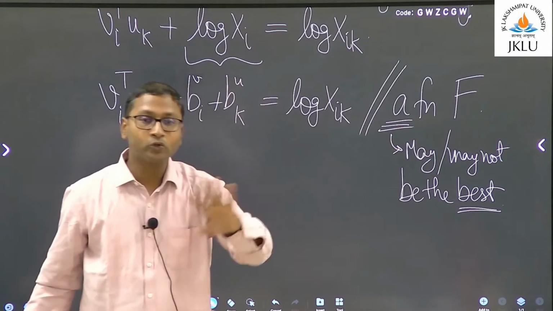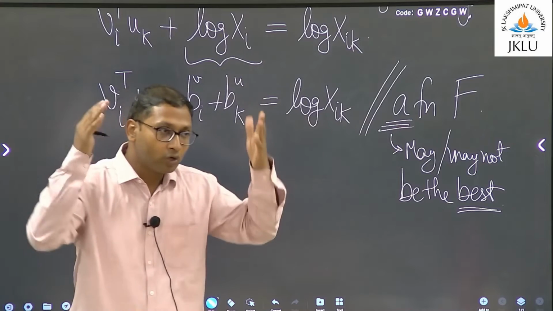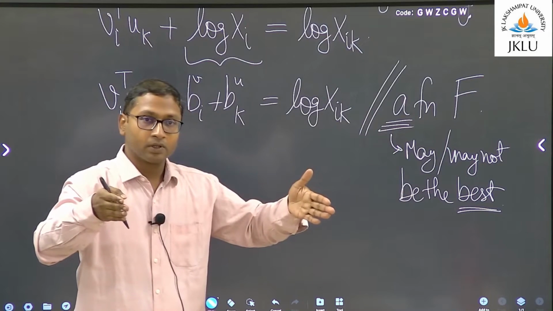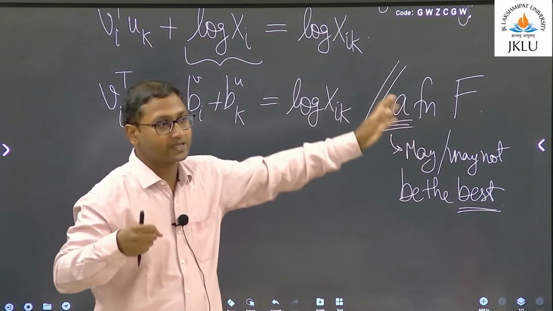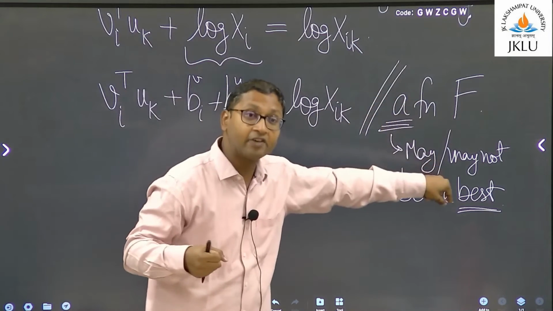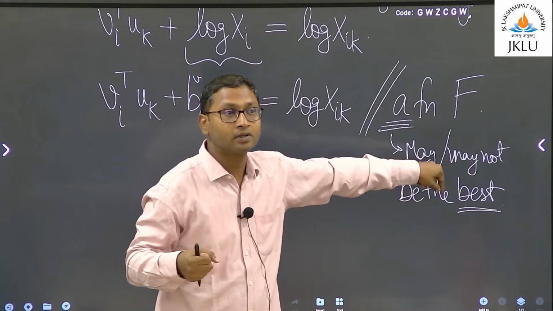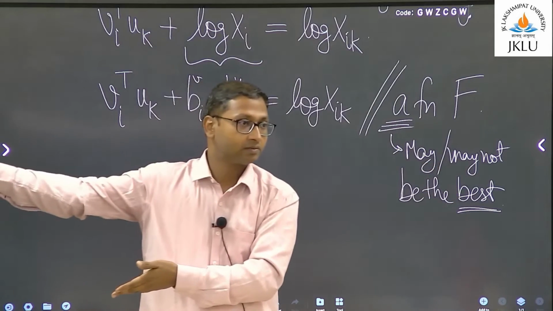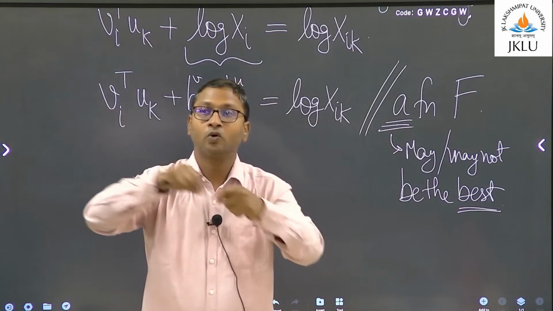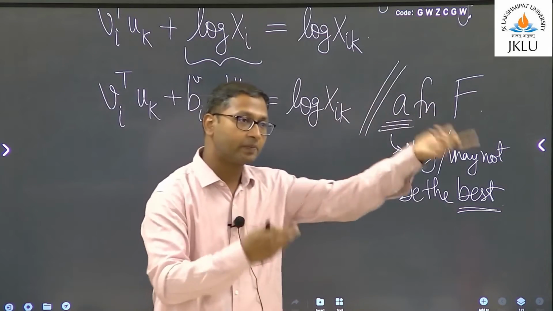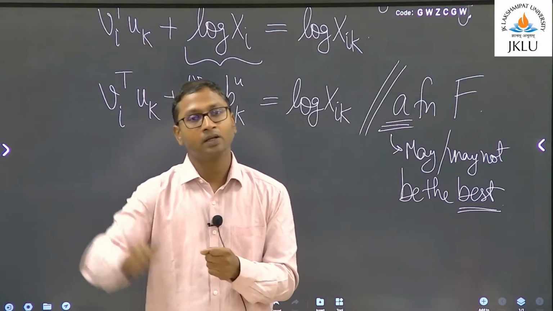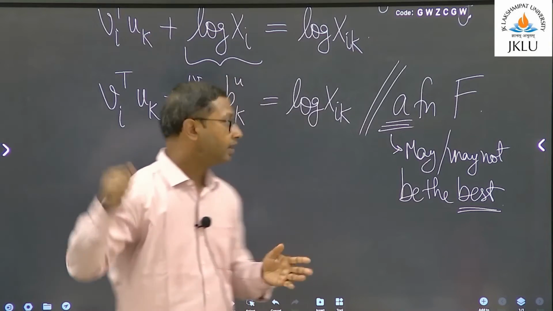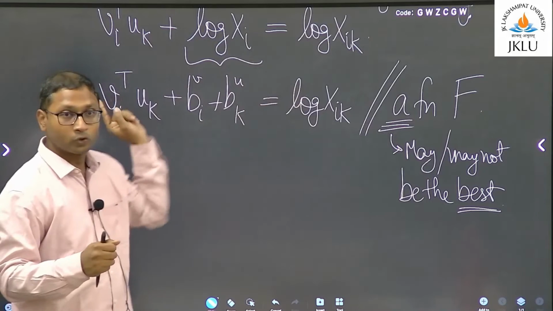We don't even want to insist that it has to be best, because then our whole hard work will shift towards finding a best f, and that best f may not give me good word embeddings. So the whole work will shift towards finding a best f, but our goal is to find good word embeddings. Okay. So they say we want to do this.